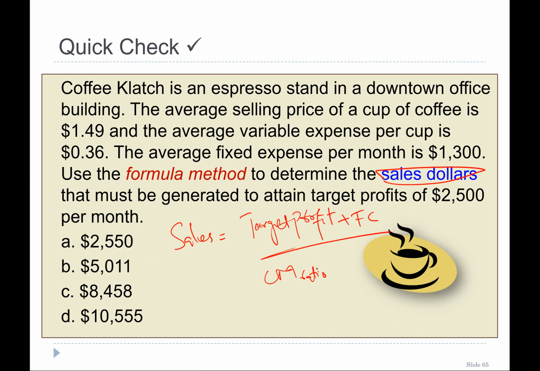What is the CM ratio? CM divided by sales. CM is 1.13. Sale is 1.49. What is the answer here? $1.13 divided by sales 1.49. 75.8%.